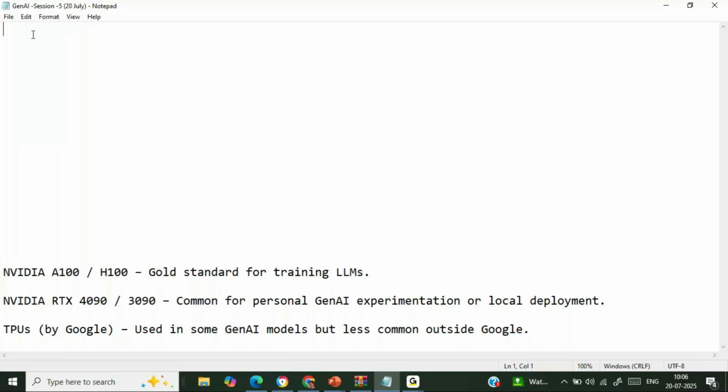Friends, in the previous session we were discussing the different tasks that we can perform with the help of Gen AI, and we tried to utilize different models. Probably you have gone through the Google Colab, and I have shared the notebook as well.